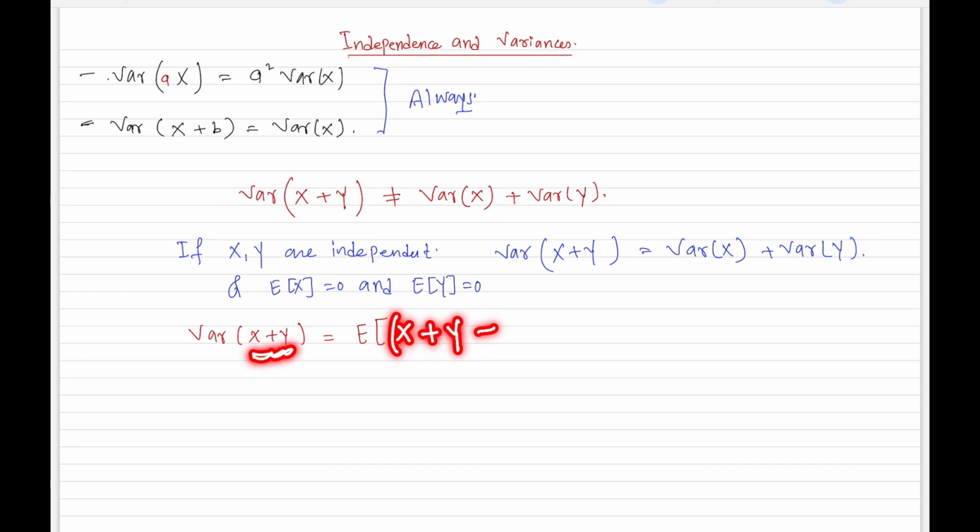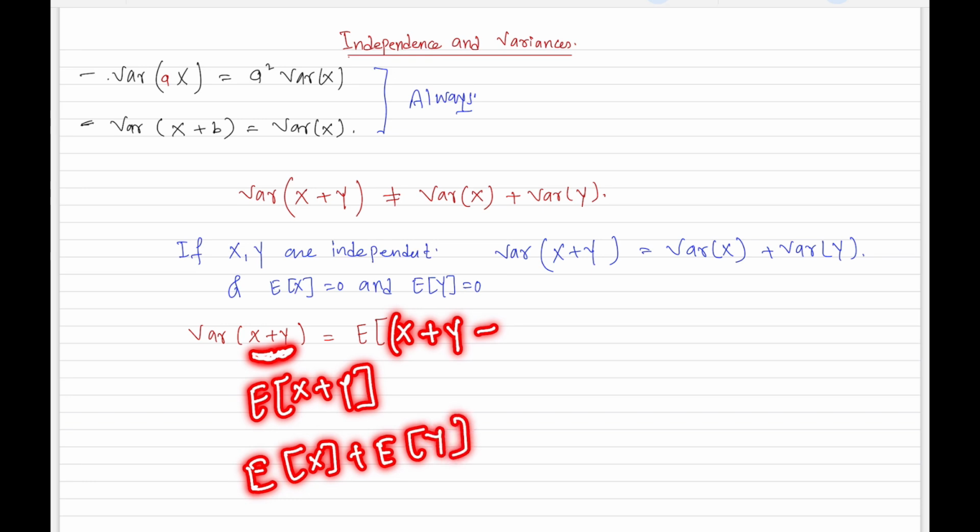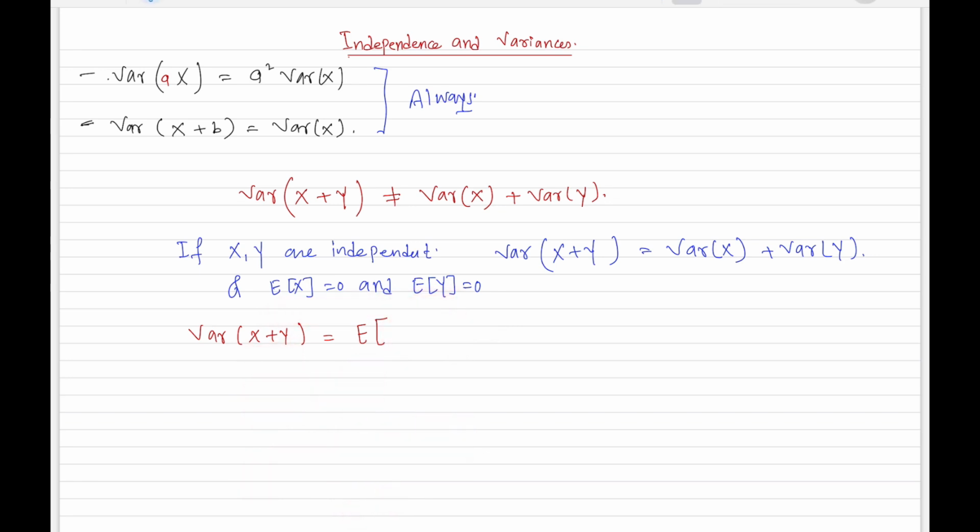The mean of x plus y would be the sum of the individual means, and we have already assumed that the individual expectation or mean is 0. So overall this variance will be the expectation of x plus y, squared.